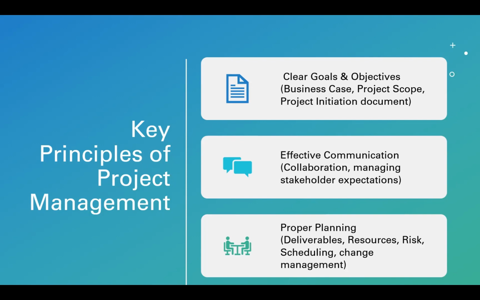So for a project to be successful, we must ensure that our goals and objectives are clear and they are defined in the business case, in the project scope, as well as the project documents. Another key principle for success in project management is effective communication. And that can be done through collaboration, and we'll be learning more as we go along in the training.